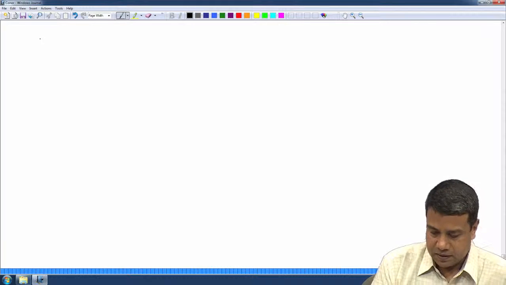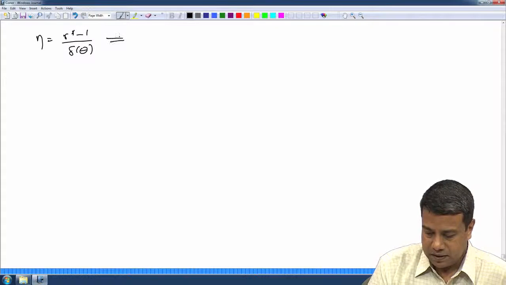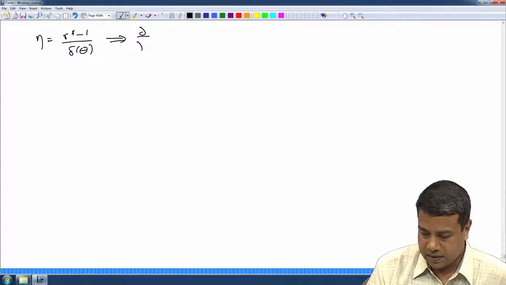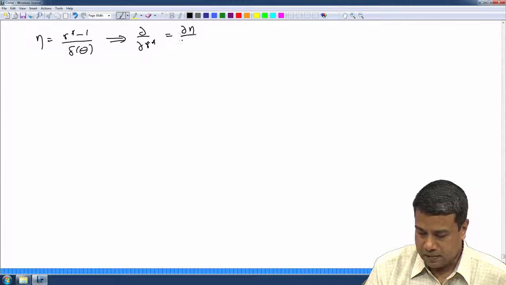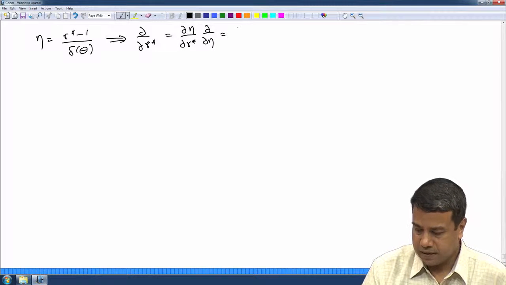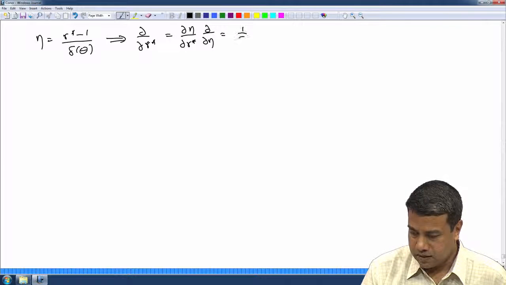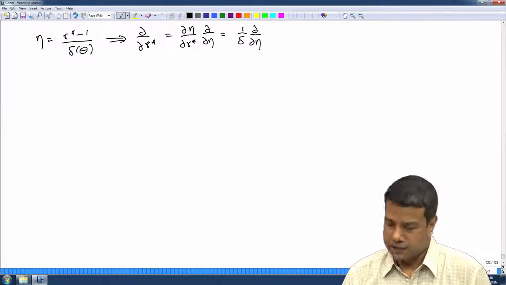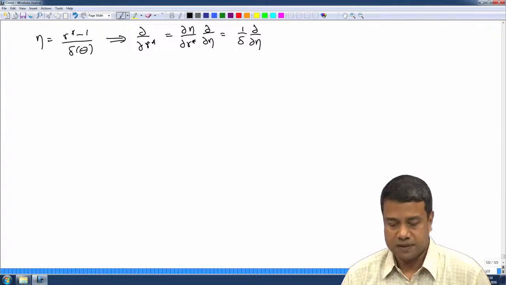I have eta is equal to r star minus 1 by delta of theta, which implies that partial by partial r star will be equal to partial eta by partial r star partial by partial eta, which is equal to 1 by delta partial by partial eta. Differentiation using chain rule to express the physical coordinates in terms of this similarity variable.